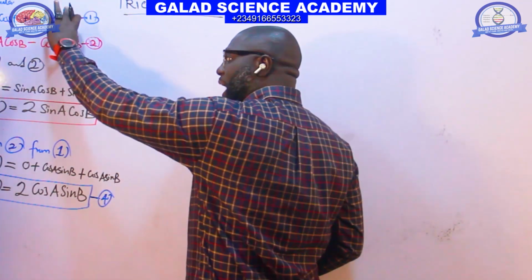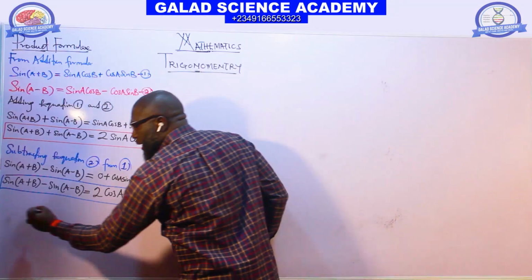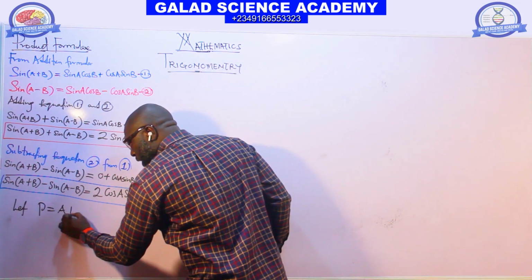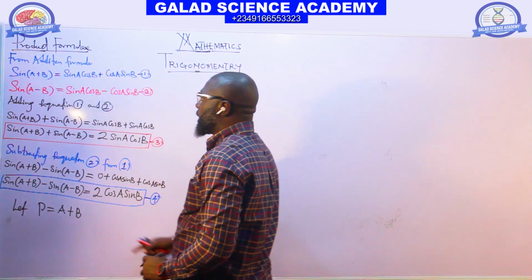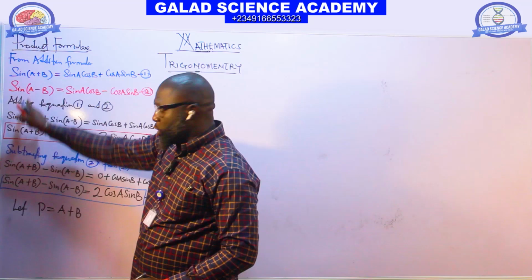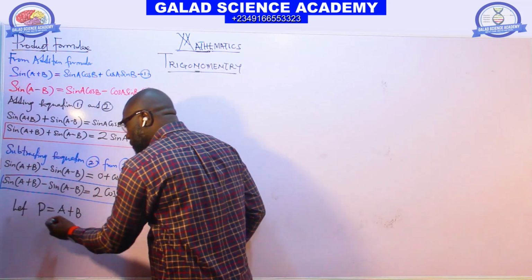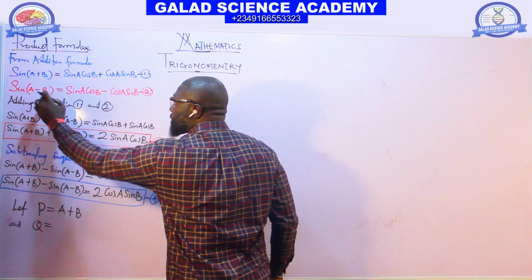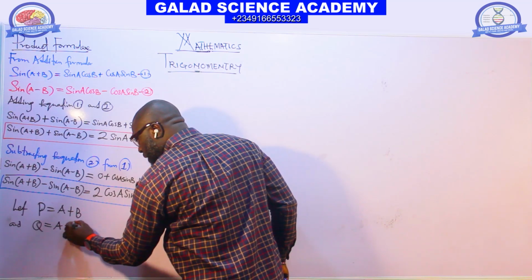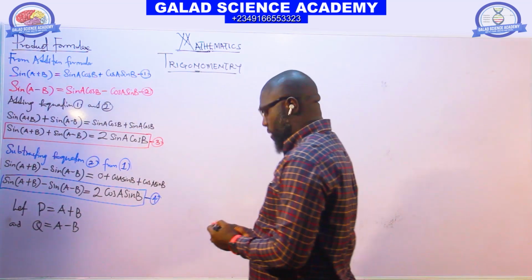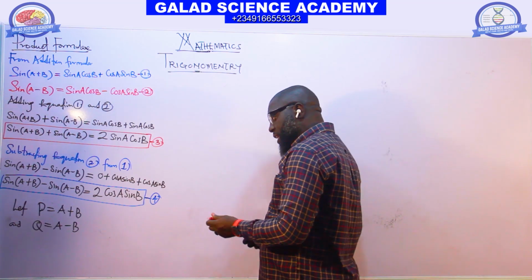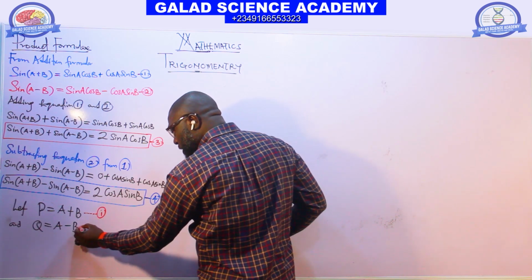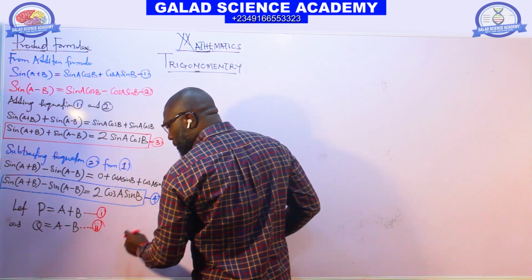For this one now, we add and we subtract. Okay, let us perform one experiment here. Let A plus B equal to P, and Q equal to A minus B. Let me call this one Roman figure 1, this one Roman figure 2.